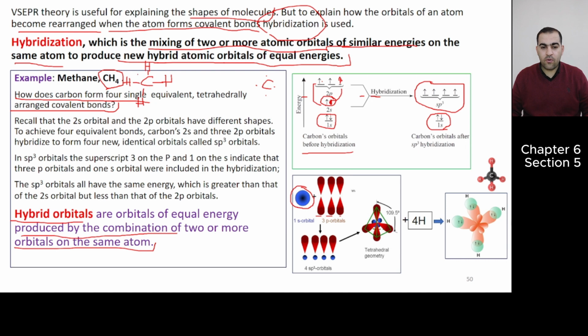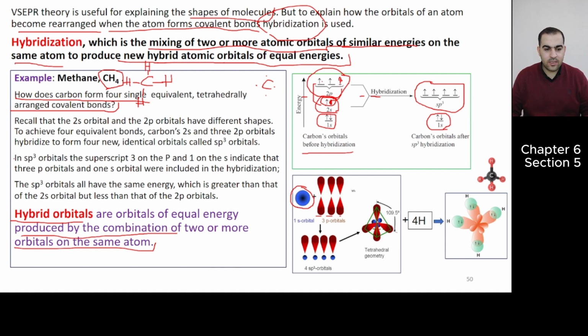In sp3, s means one of the s orbitals, which is 2s. 3 of the p orbitals, they have combined. So s to the power 1 means 1 s orbital, and 3 p orbitals have hybridized.